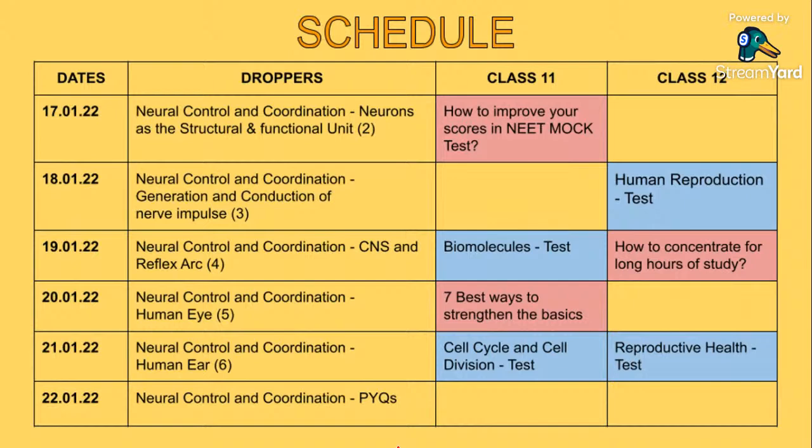On the 21st, you will have neural control and coordination lecture number 6, the human ear, followed by the test on reproductive health for class 12 and cell cycle and cell division for class 11. Finally, on the 22nd of this month, we'll complete the chapter neural control and coordination, followed by previous year questions in the form of a live AhaSlides quiz or a Mentimeter quiz.